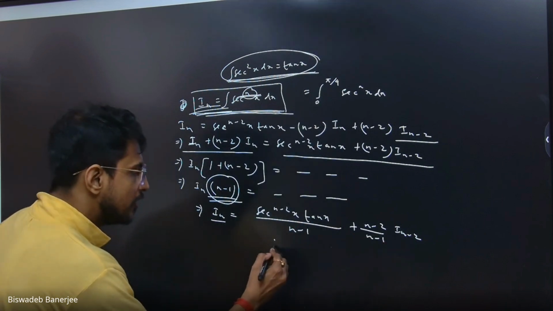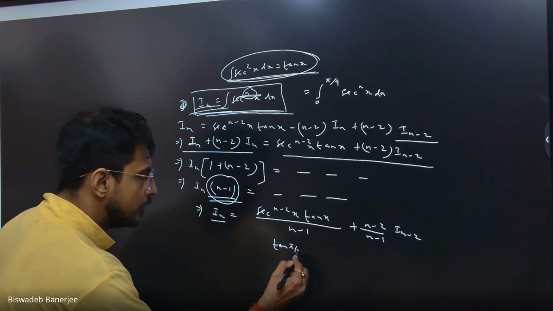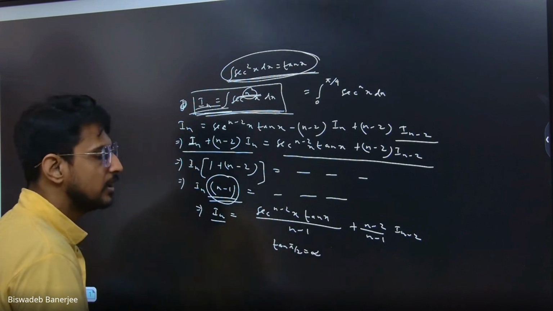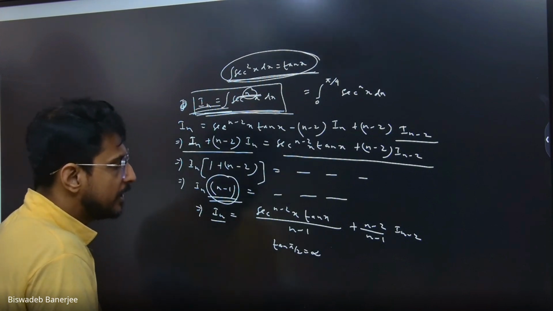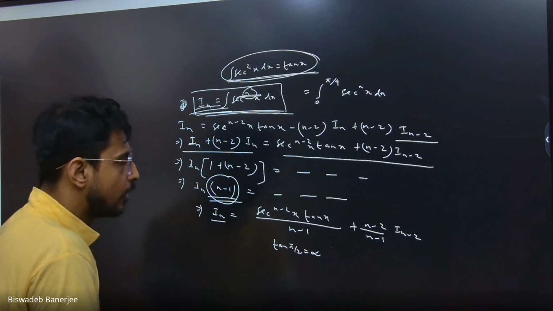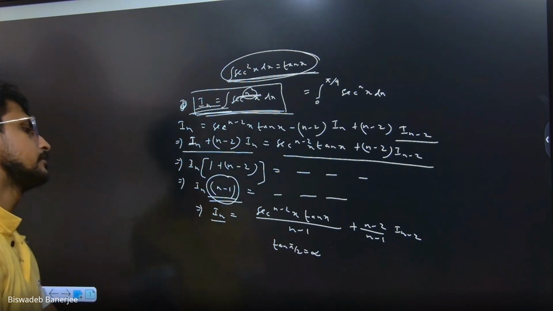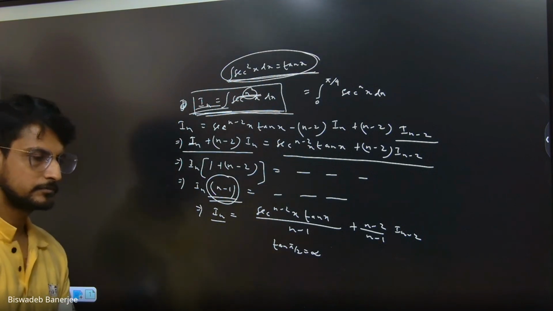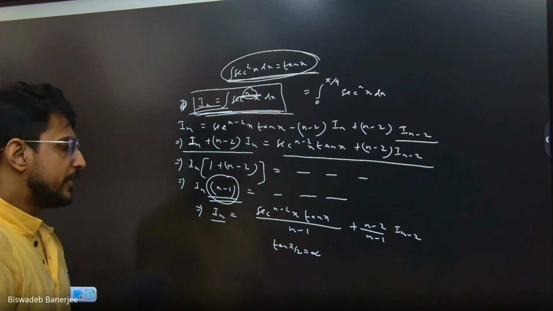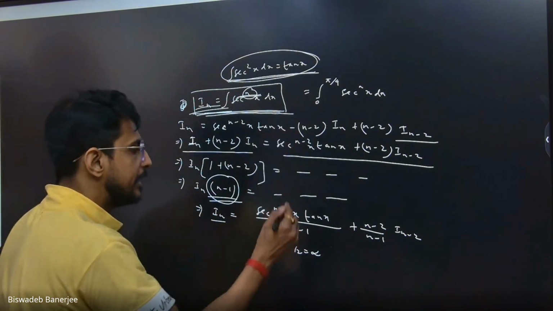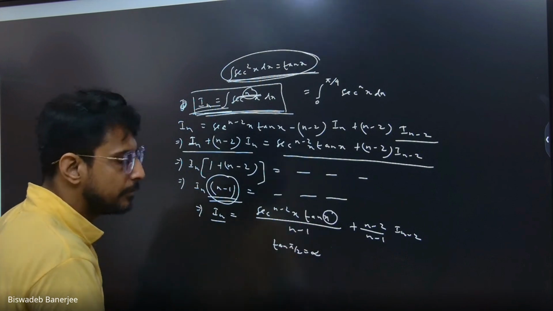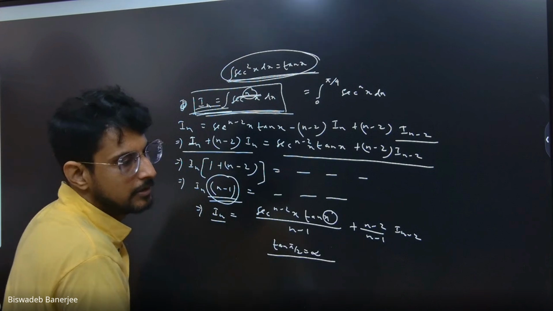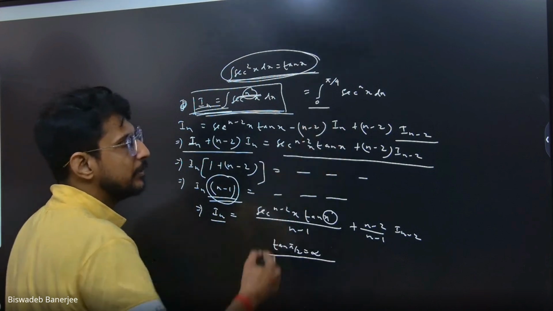Because if you put tan pi by 2, we know tan pi by 2 is infinity. Recall. That is why you can't take the limit 0 to pi by 2, because if you put x equal to pi by 2 here, tan pi by 2 is infinity.